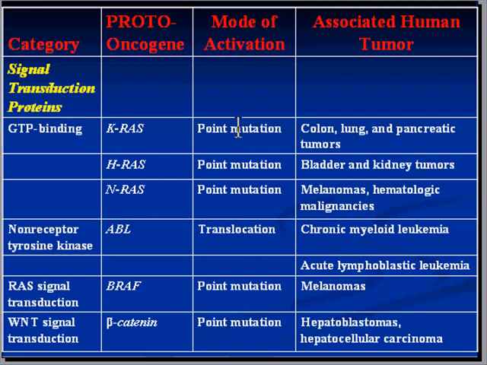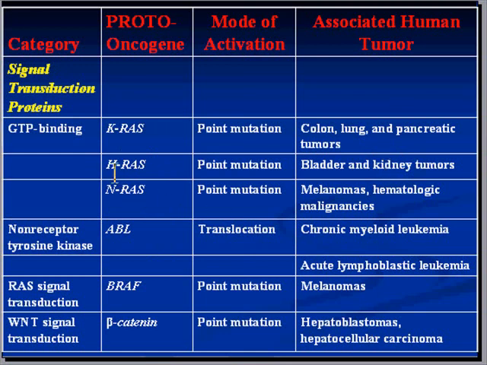And in most cases, a single point mutation of a gene which codes for a signal transduction protein can result in these tumors. And the P53 and the RAS oncogenes or proto-oncogenes, these are the single biggest and most widely studied oncogenes, and they are present in the majority of human neoplasms.